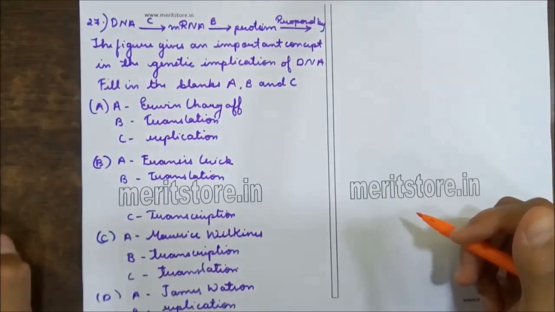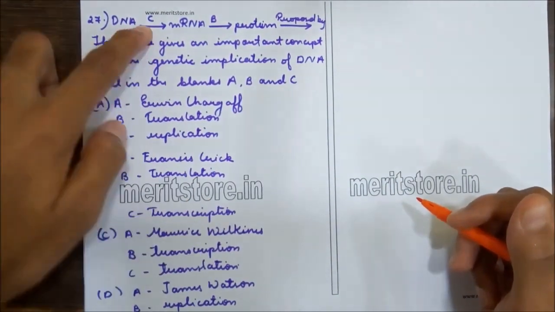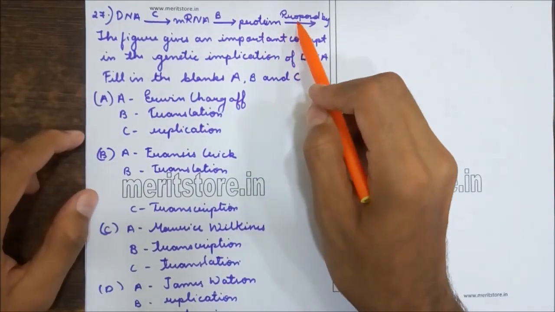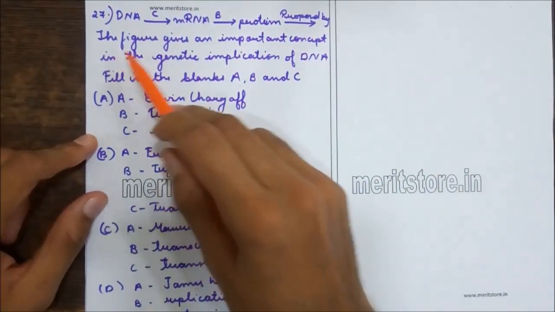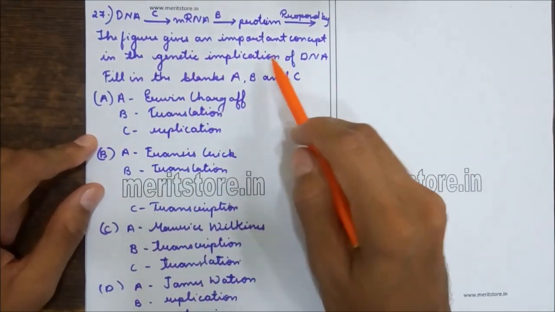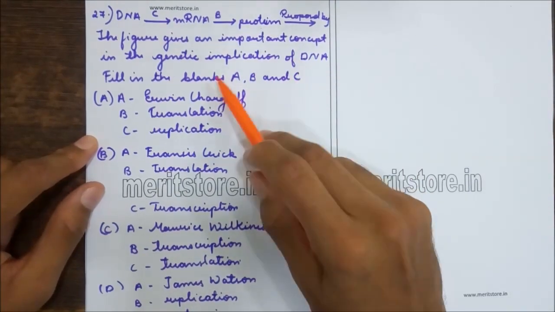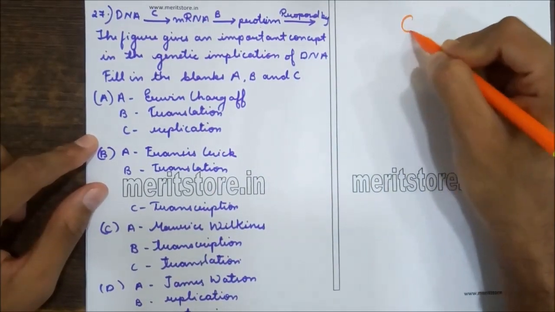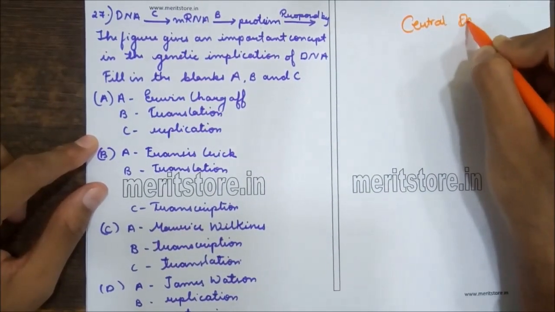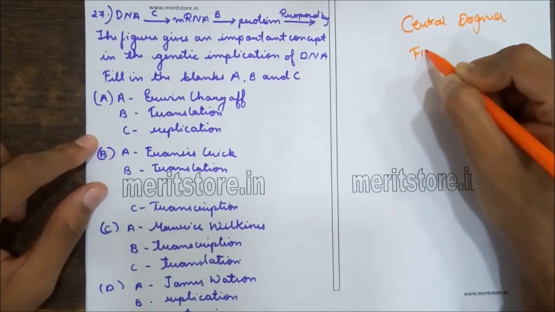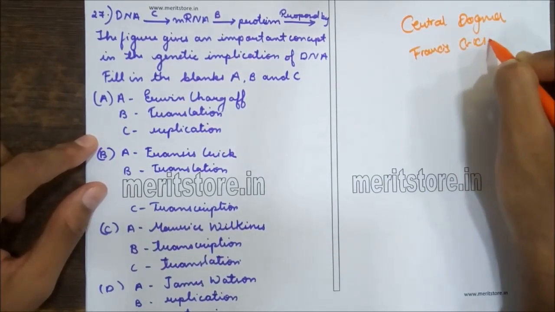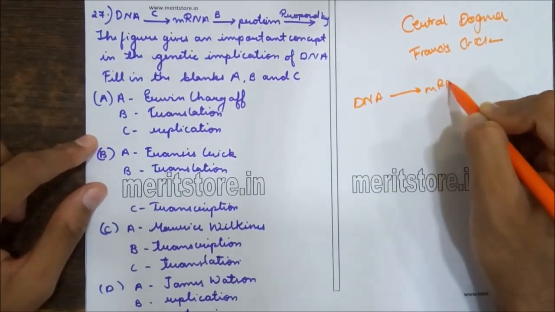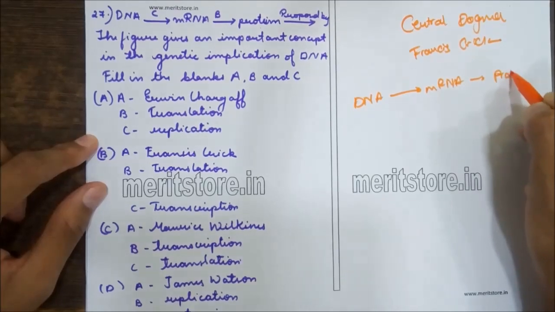Question number 27. DNA undergoes C to form mRNA, which undergoes B to form protein, and this theme was proposed by A. This figure gives an important concept in the genetic replication of DNA. Fill in the blanks A, B and C. So this is the central dogma, which was proposed by Francis Crick, which states that DNA undergoes transcription to form mRNA, which undergoes translation to form proteins.